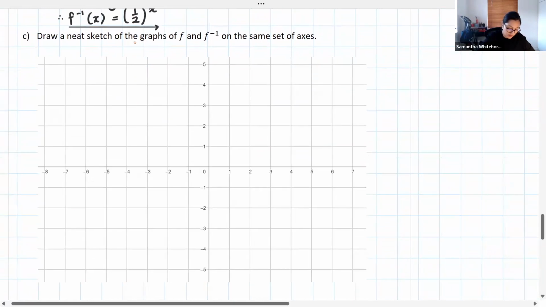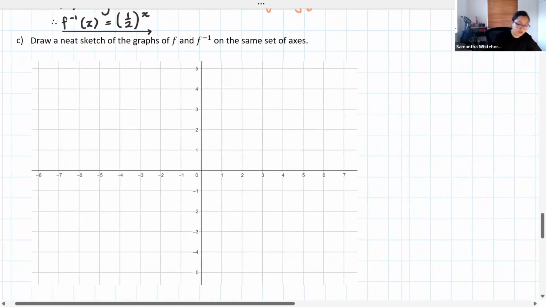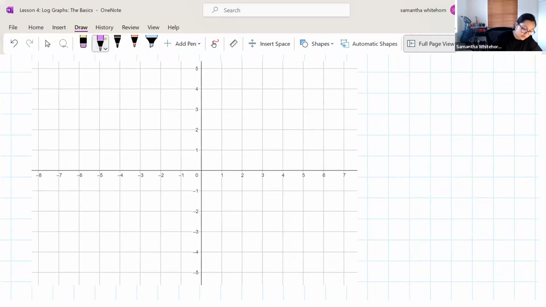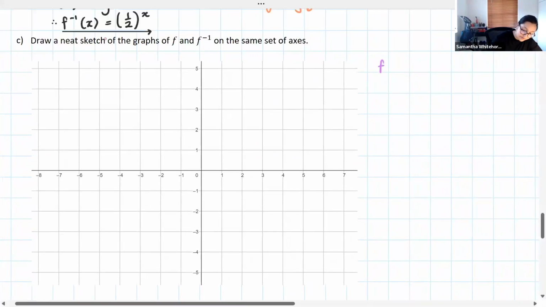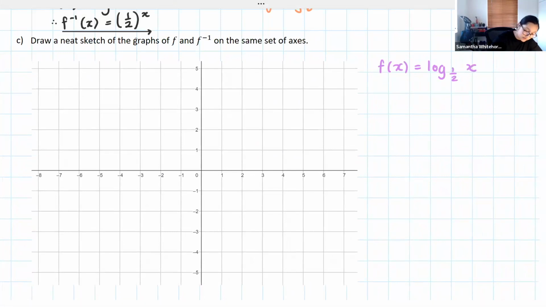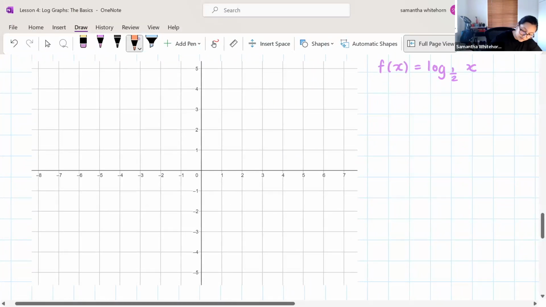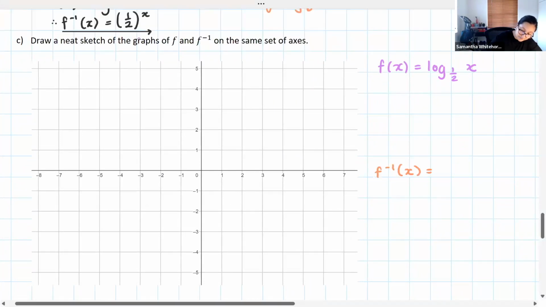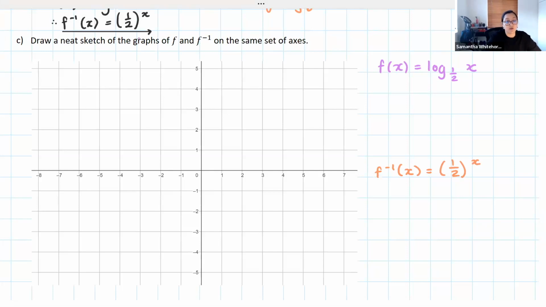Right, so we now want to sketch these 2 graphs, the original f and the inverse f of x. So f of x was log a half x. The inverse was that exponential we've just found, a half to the power x. Now guys, it makes no difference which one you start with.